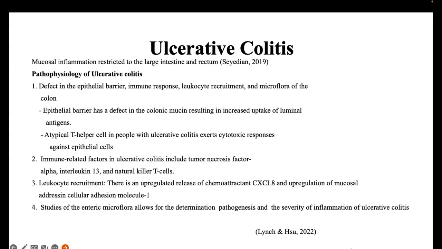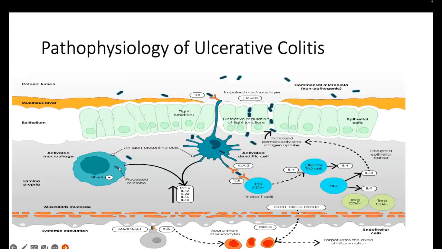Studies of the enteric microflora allow for the determination of pathogenesis and the severity of the inflammation of ulcerative colitis. In this slide, I give you a picture of what the pathophysiology of ulcerative colitis looks like.